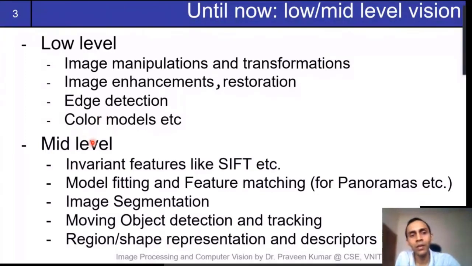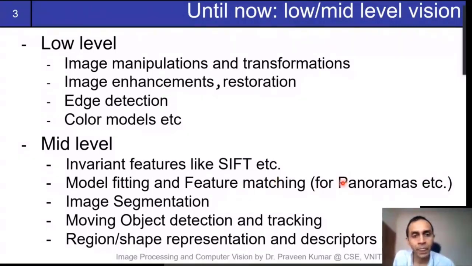In mid-level topics that we discussed after the first sessional, we discussed invariant feature detectors like Harris and SIFT. We discussed topics related to model fitting and feature matching, methods like Hough transform and RANSAC, and their applications for panorama stitching.